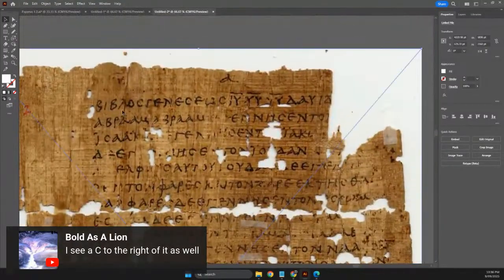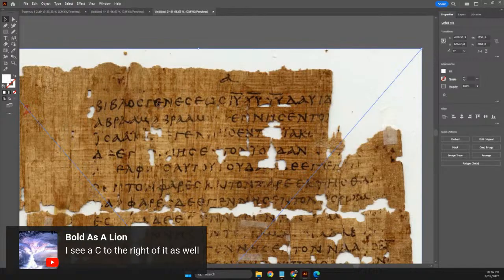So you can see it says Biblos, and that's the sigma there, and then Geneseos, Iesou Christou, Huiou, so they're all in nomina sacra, David, and then the Huiou there is probably nomina sacra as well. Abraham egennesen ton Isaak, egennesen ton Iakob. So it goes through all that, but it's in continuous script.